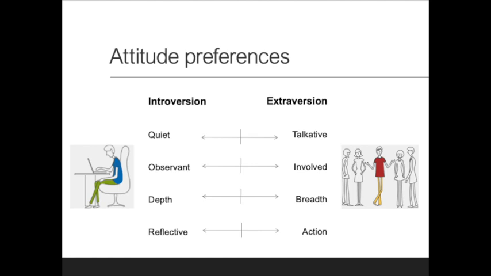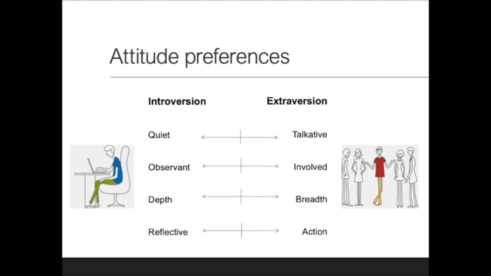But Jung determined that we have an instinctive preference for one or the other in each of these sets of preferences. With regards to introversion and extroversion, it's all around our instinctive preference for how we orient ourselves to the world, whether it's in more of an introverted way or more of an extroverted way.